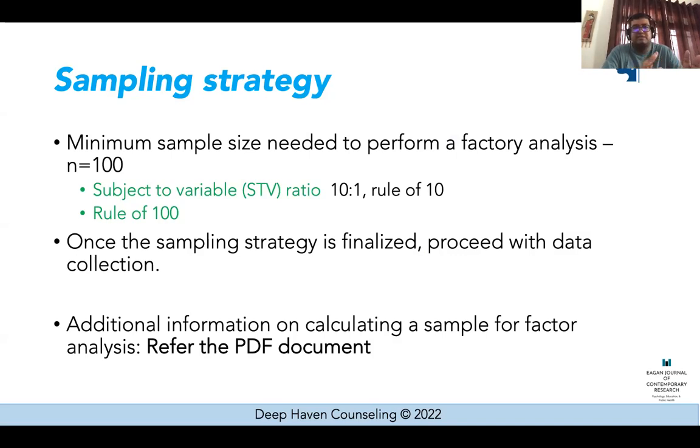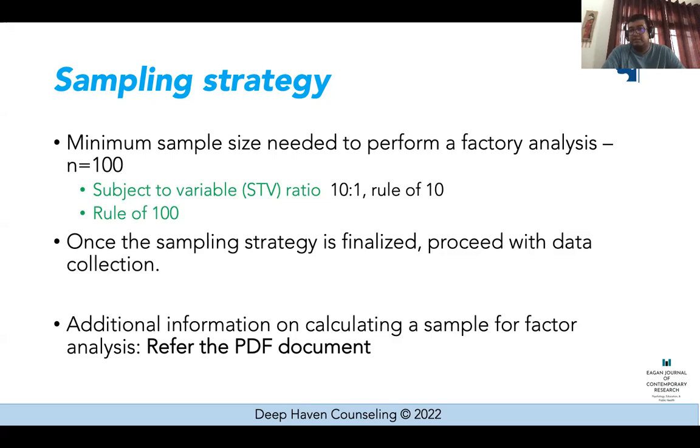But at this point, since this is something that we are about to test, I think you can call it subject to item. So based on item, you would be getting individuals, 10 individuals per each item. And once the sampling strategy is finalized, then you can proceed with data collection.